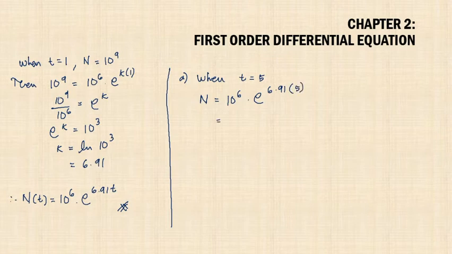We calculate the value, and we have 10 power of 21. That is the population of bacteria after 5 hours.